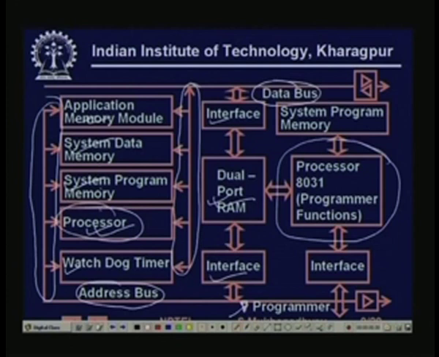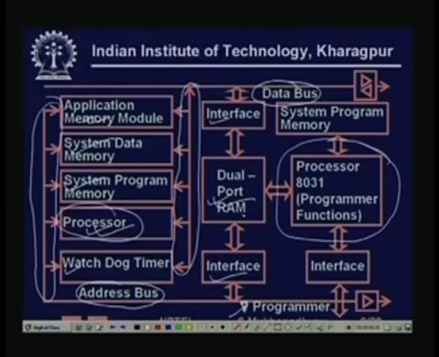A PLC system is typically interfaced with a machine, and industrial machines often run continuously. So you must provide mechanisms so that you are able to load new parameters, read status. You are able to work with the system while the system is working with the machine, without stopping it. So for that, you need not only a dual ported RAM, you need another processor which will talk to the programmer while the main processor is actually busy controlling the machine, right. So this is what is done.